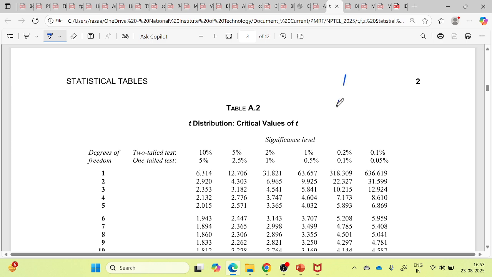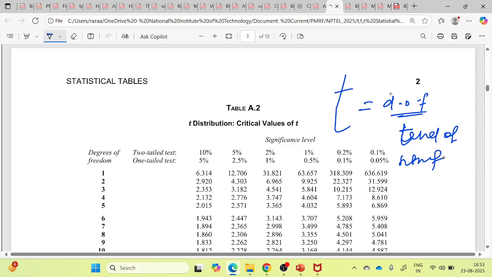In the case of the t test, we have the degree of freedom. Then we have the t value. No, no, that's the level of significance, alpha.